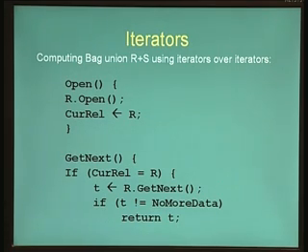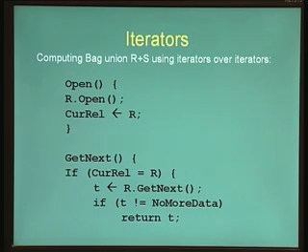So in the open function of our disjoint union iterator, we just open one of the relations. We say r dot open, and then we point the current relation to be r. In the getNext function, we say that if current relation equal to r, then we have to call getNext on the current relation.